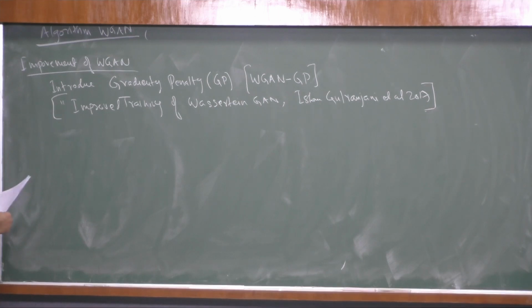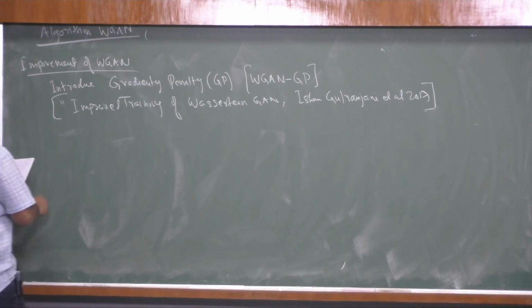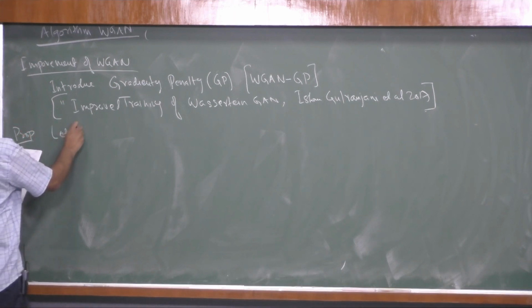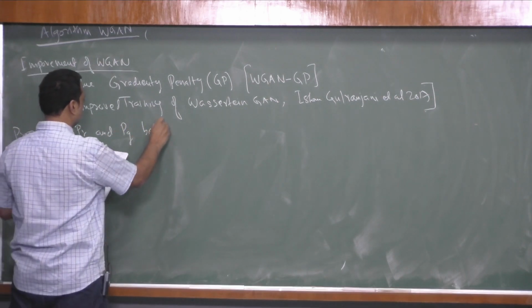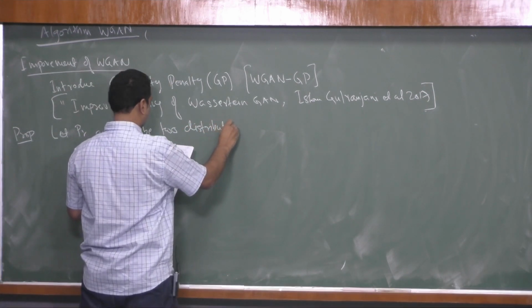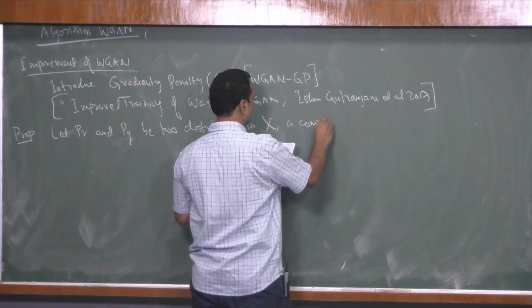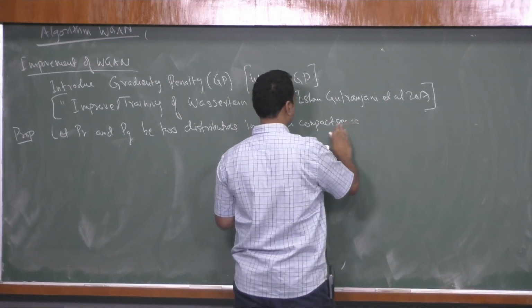To remove that instability, they had this one result, and then WGAN plus gradient penalty. That's my objective now. In this paper they had this proposition: let P_R and P_G be two distributions in X, a compact metric space. Don't worry if you don't know compact space.